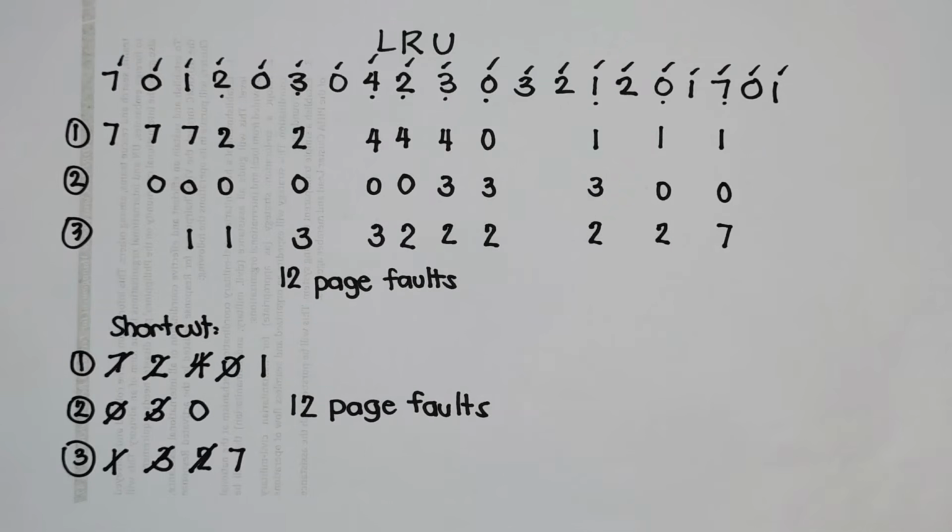So if we're going to decide which of them has the best performance, the performance is based on how many page faults the page replacement algorithm has produced. The lower, of course, the better. So among them, the winner for our example here is the optimal, which is 9 page faults.